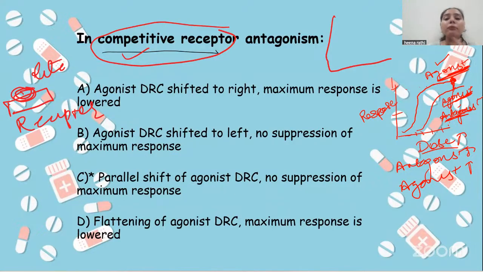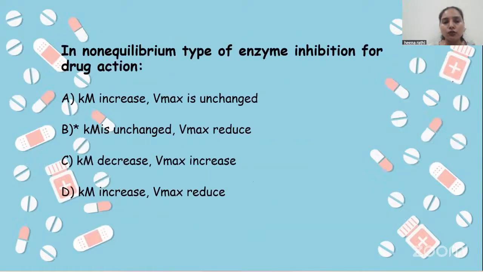But when competition with the antagonist is present, we have to increase the dose of the agonist so that there is an equilibrium between them, and the agonistic response and maximum response can be seen.